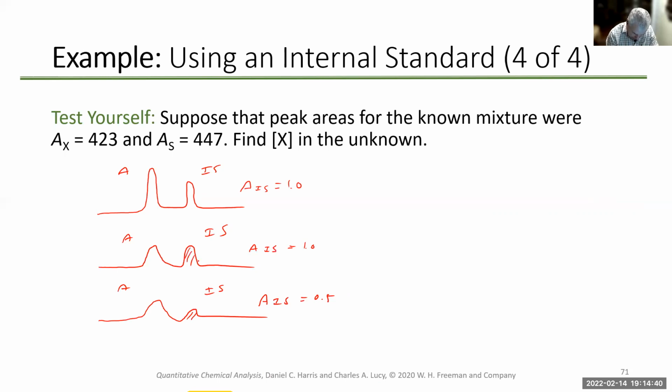So the area under this peak is the same, then it drops by half. Here's our analyte area, A sub A equal to say 2.0, then A sub A equals 1.0, A sub A equals 1.0.